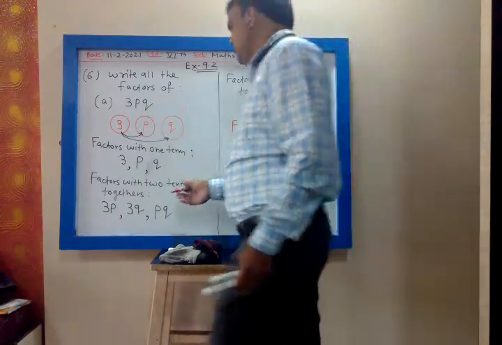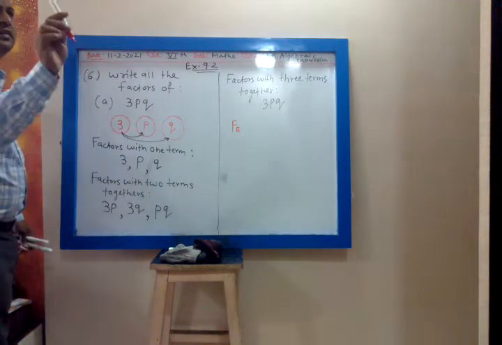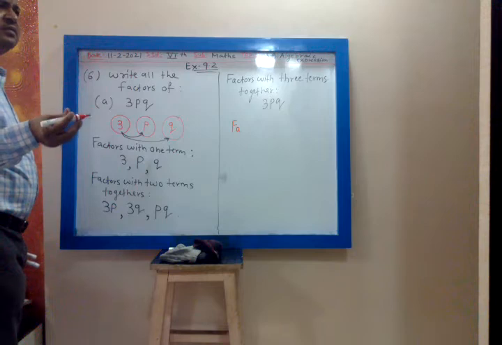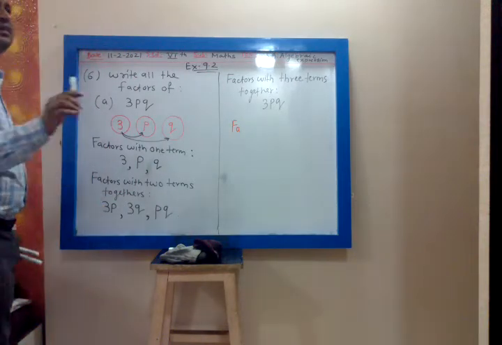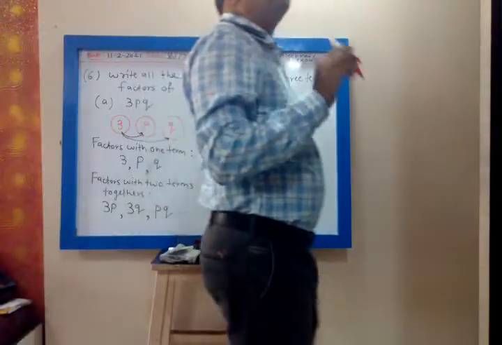See here, 3Q is here. 1 term can also be a factor, no? Now 3Q is the same as Q3, so I will not write Q3.